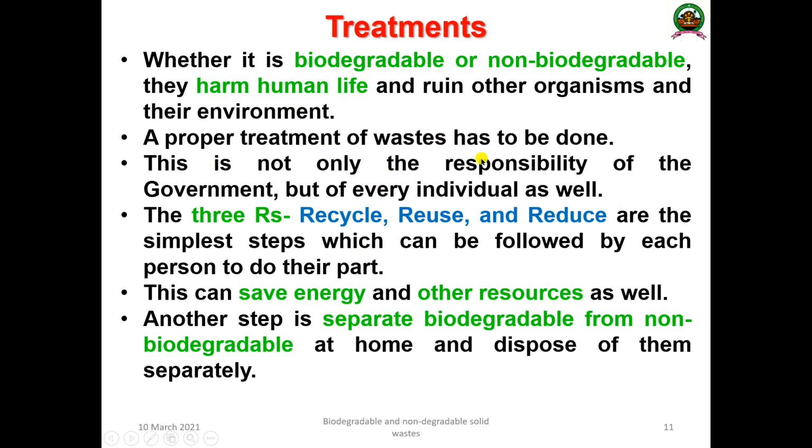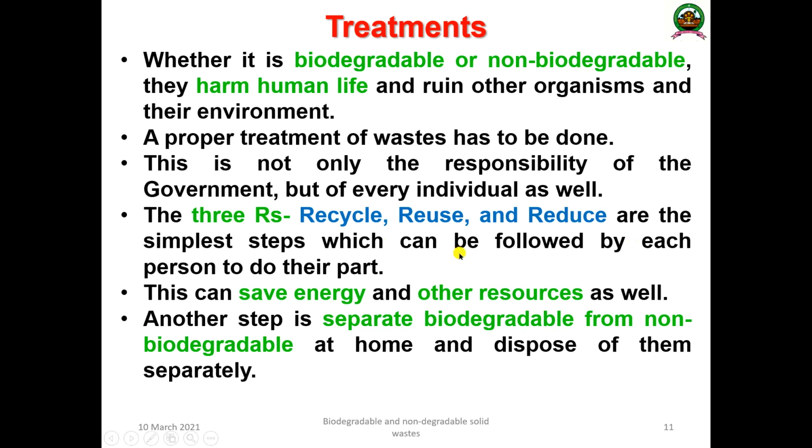Proper treatment of waste has to be carried out. This is not only the responsibility of the government but of all citizens. When you are treating waste material, there are three significant Rs to keep in mind: recycle, reuse and reduce. Recycle what is recyclable, you can reuse the waste, and you should reduce the waste.